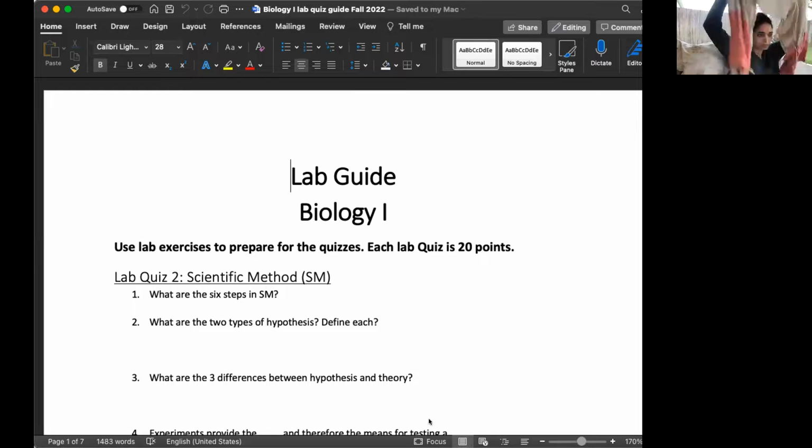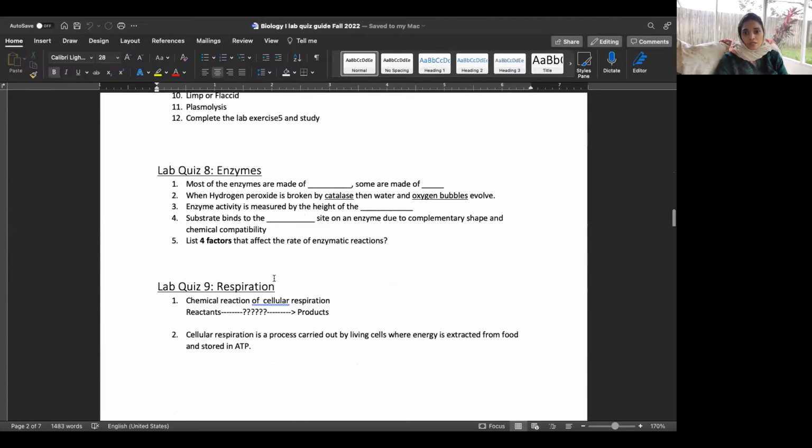If you have the lab guide, it is really helpful. This is the lab guide.